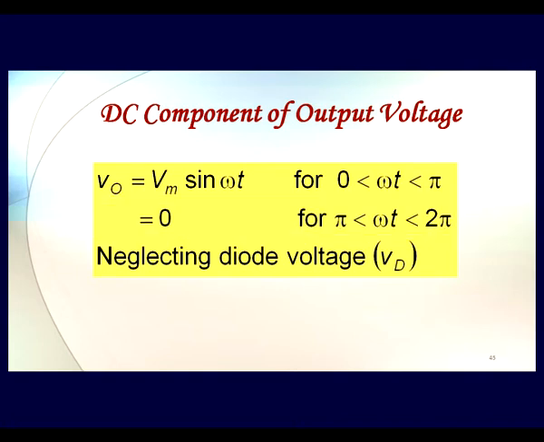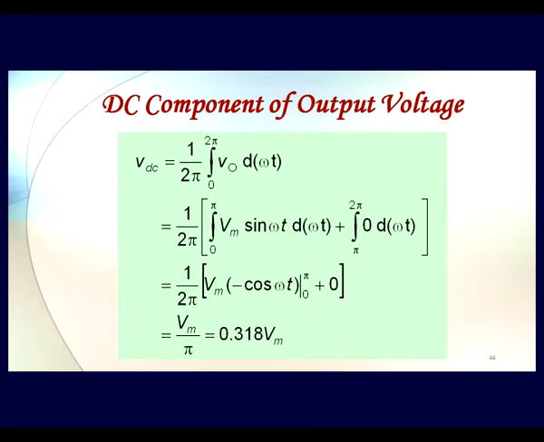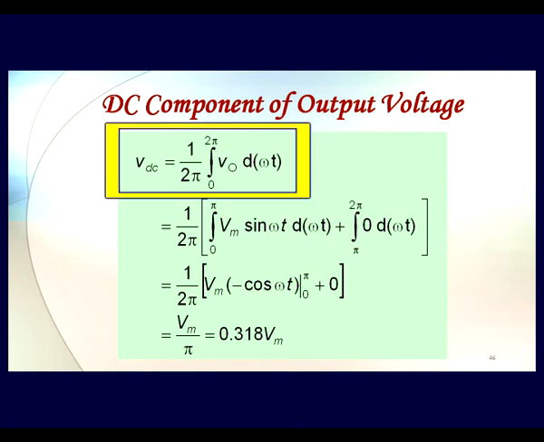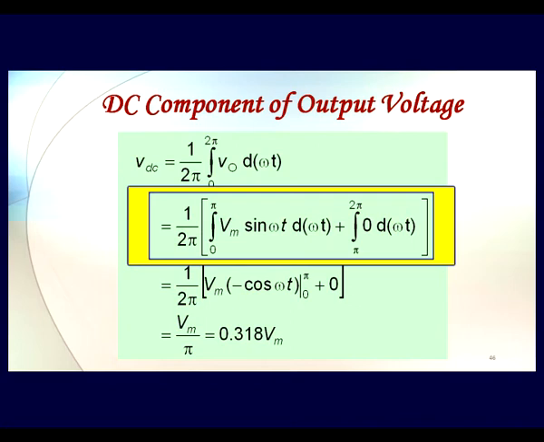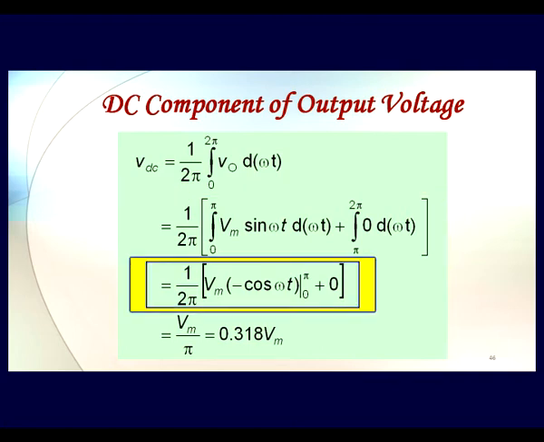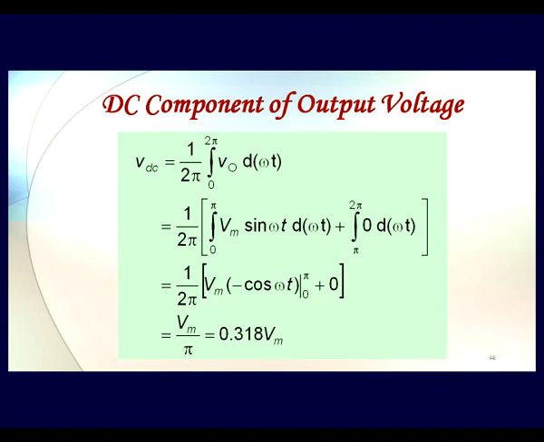Now if we integrate this, we get the DC component of this output voltage. So we integrate it as 1 upon 2 pi, integral 0 to 2 pi of VO d omega t, which is integral 0 to pi of Vm sin omega t d omega t, plus from pi to 2 pi it is 0. If I integrate it, I get minus cos omega t in the range from 0 to pi, and if I substitute the integration limits, I get 1 upon 2 pi into Vm into 2, so that is Vm by pi, or 0.318 of the peak input voltage Vm.